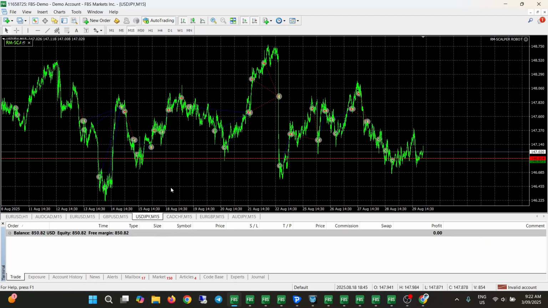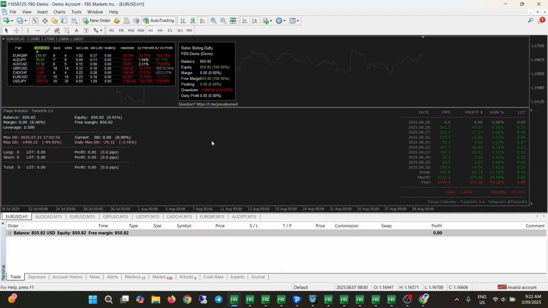So unfortunately, the balance is 850 overall, and this is the drawdown to profit ratio here, and it's not real good. We can see that Euro Pound was probably the best, but its drawdown was negative 251 overall, so it's only just made a little bit more profit than it has been in drawdown.